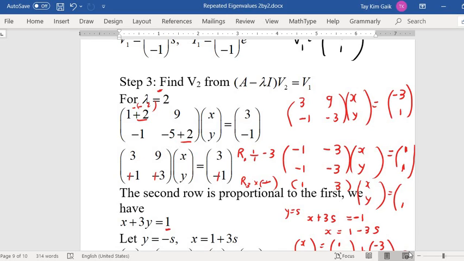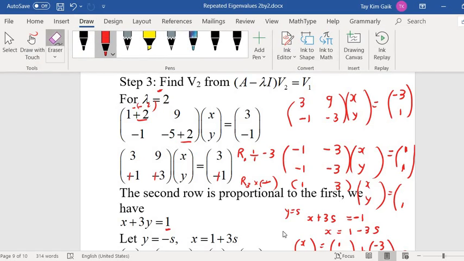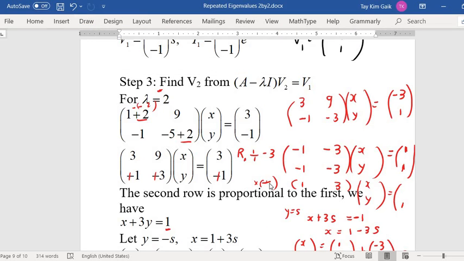Then from here, if I take the second equation, multiply by a negative, this becomes positive x plus 3y equal to negative 1, because I multiply by a negative.